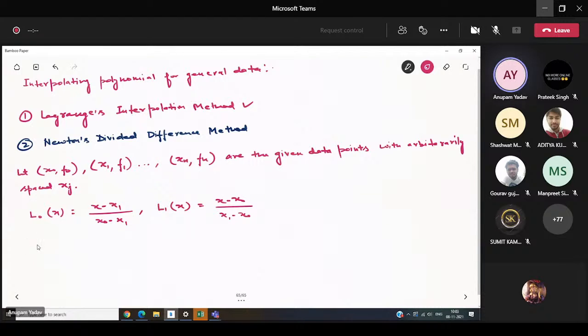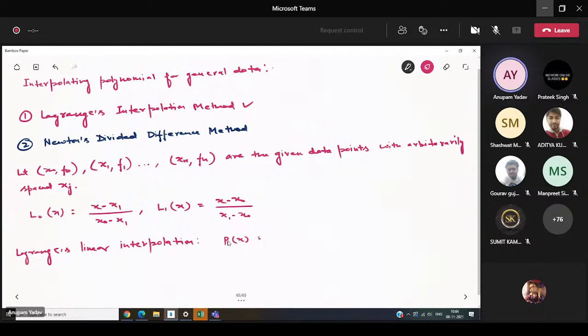Okay, so if we try to get the linear interpolation, means we wanted to interpolate the data using the linear polynomial, in that case this Lagrange linear interpolation was defined like this: P1 of x.